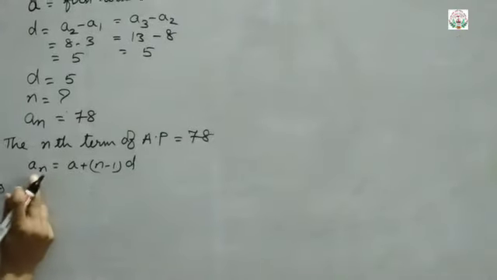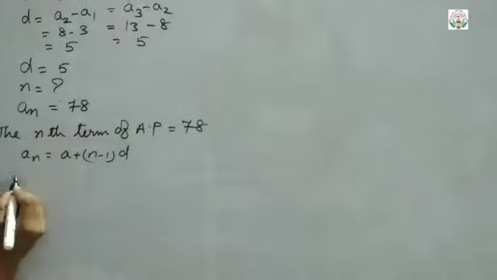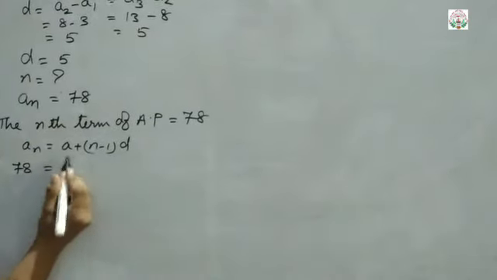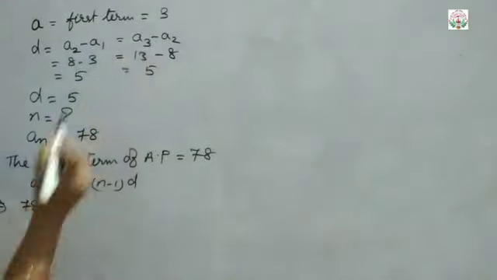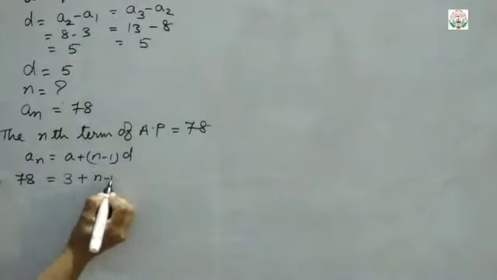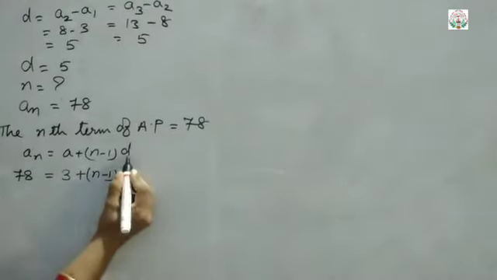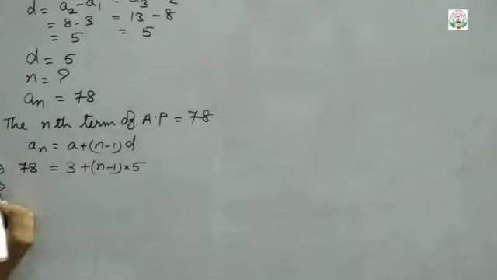So An is 78, put here equals to, now what is the value of A? That is 3, you can see the first value is 3. So 3 plus n minus 1, we do not know n, we have to find it. And D is 5.